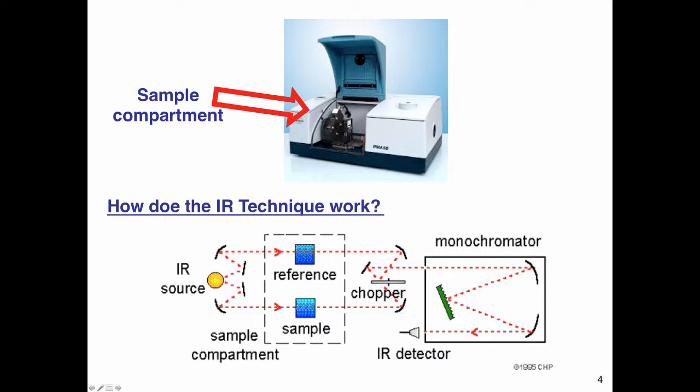If your sample doesn't have any functional groups that will absorb that light, it passes right through and eventually gets to the detector. But if your sample has double bonds or something that absorbs the infrared light, some of that light will not pass through the sample, and therefore the detector doesn't see some of the wavelengths of light that the light source was putting out. So it knows that there's an absorption going on.